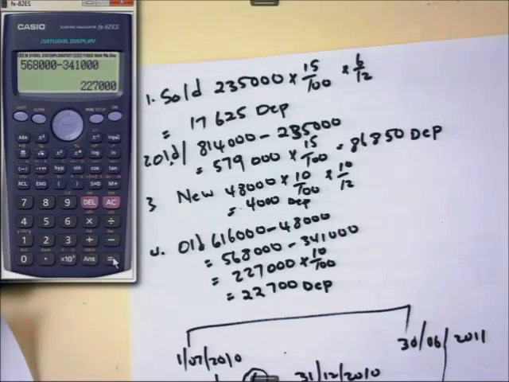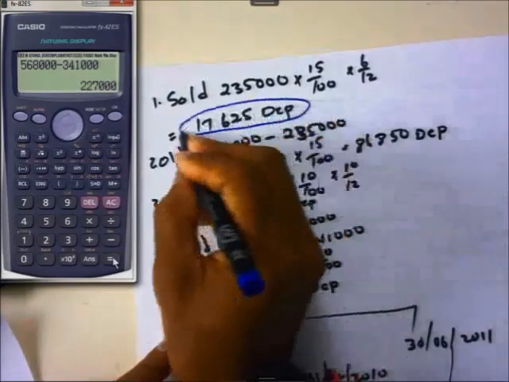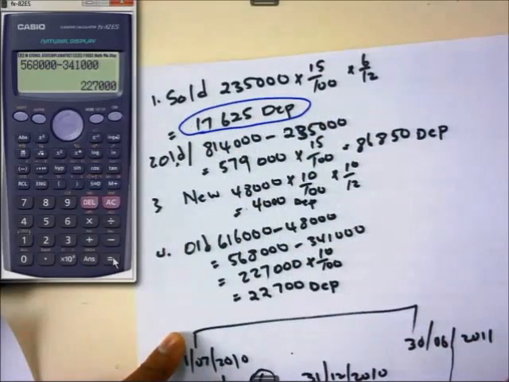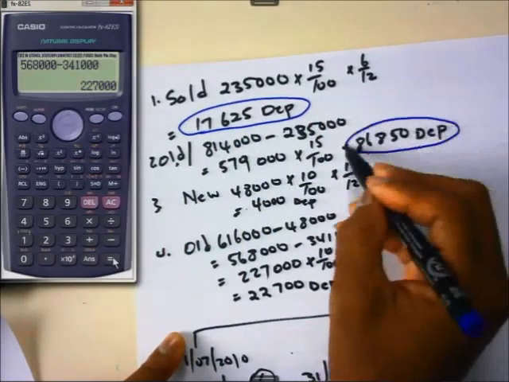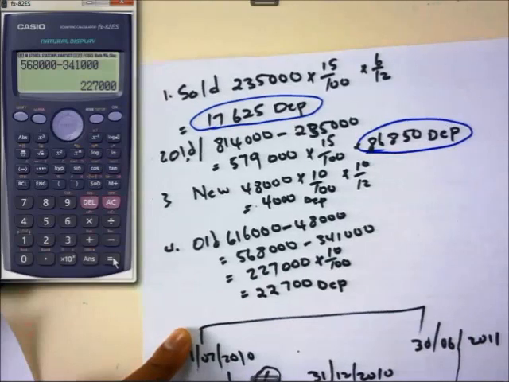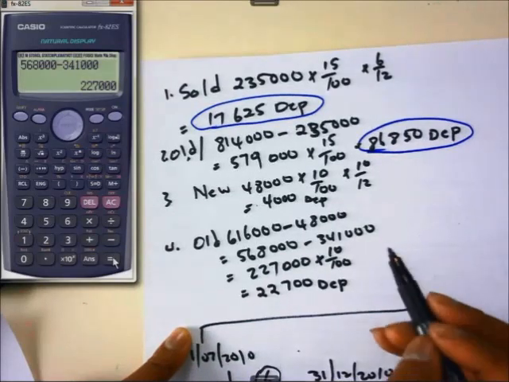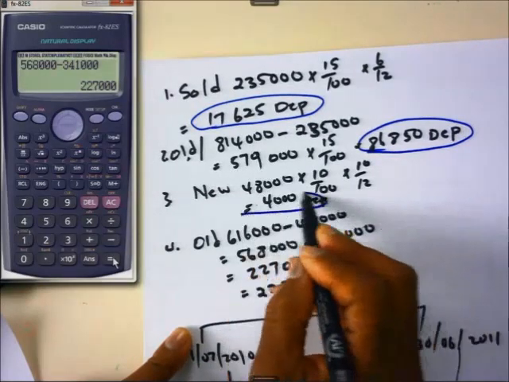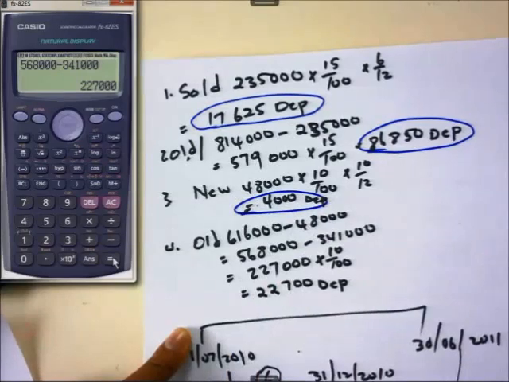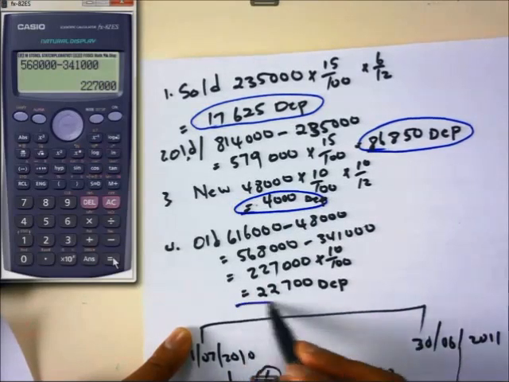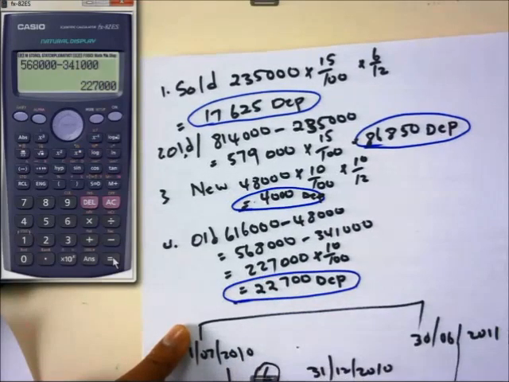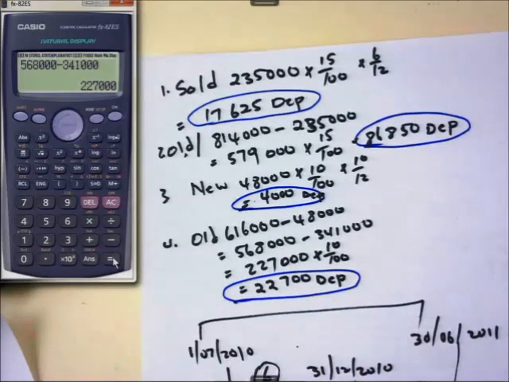So this is also depreciation on the old asset. Now let's check. We had depreciation on the sold asset. We had depreciation on the old vehicles that were not sold, and then we had depreciation of 4,000 on the new equipment. We also have depreciation on the old equipment that was not sold.